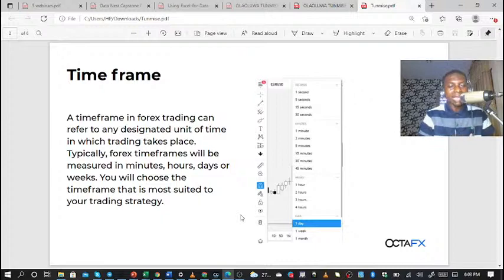You're looking at time. Frame now has to do with the distance. So time frame is the designated unit of time in which trading takes place.